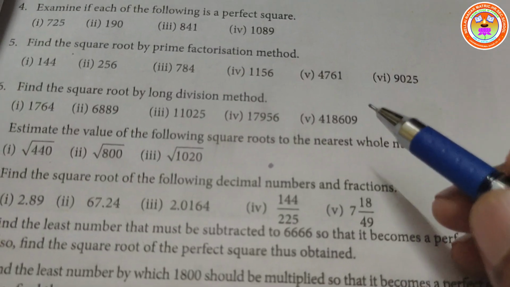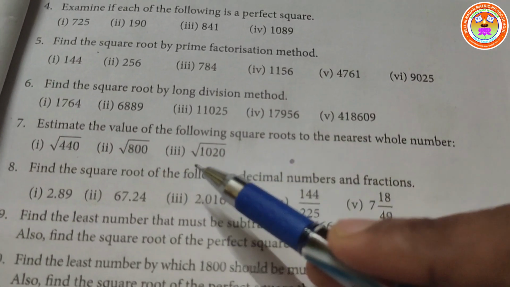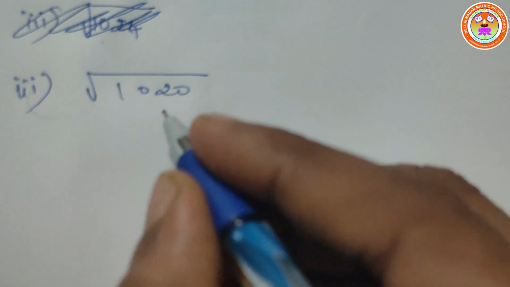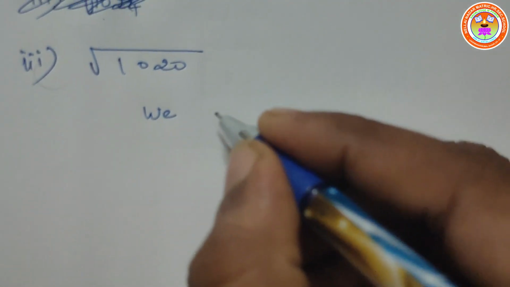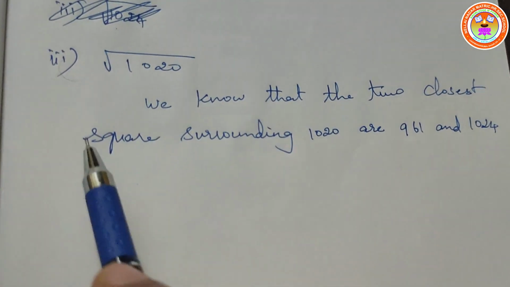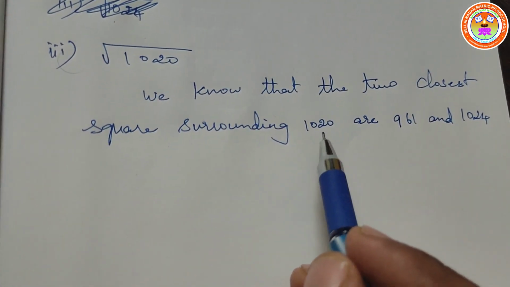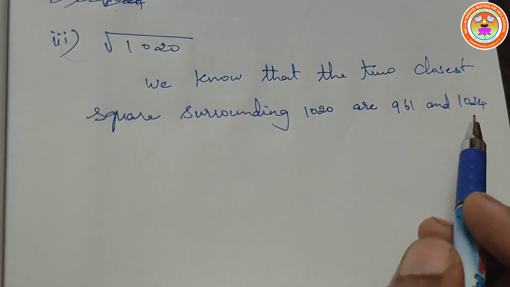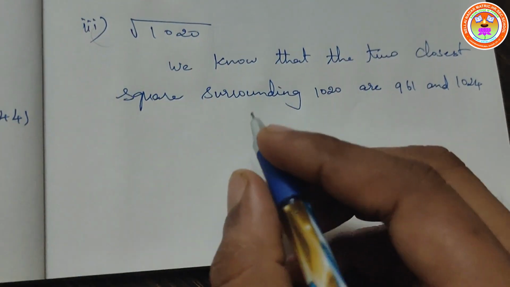The next subdivision is square root of 1020. So the square root of 1020, we know that the two closest squares surrounding 1020 are 961 and 1024.